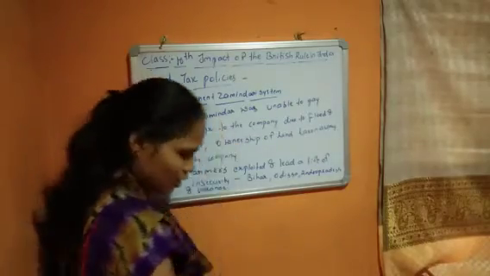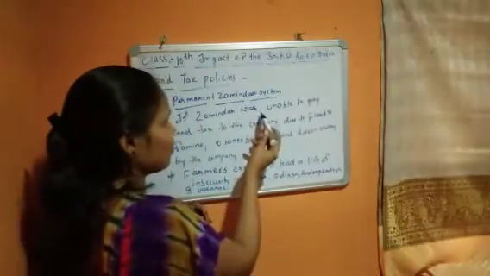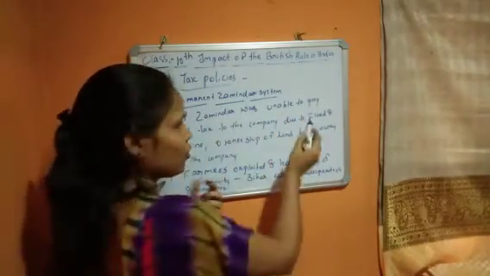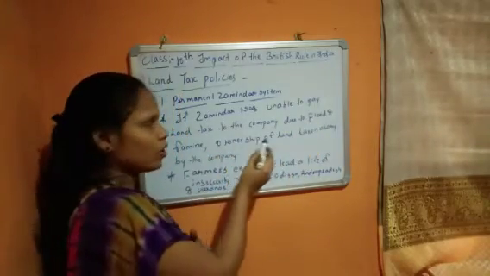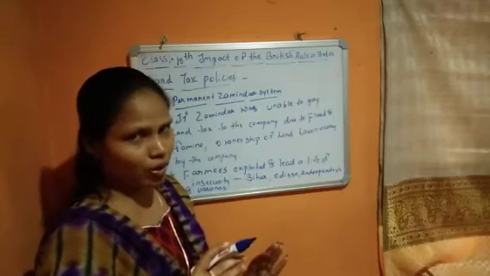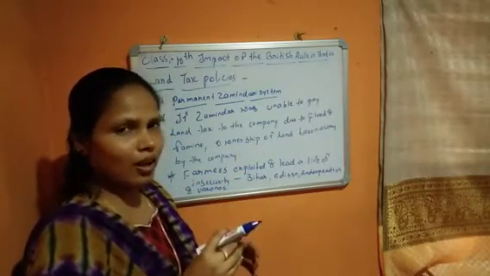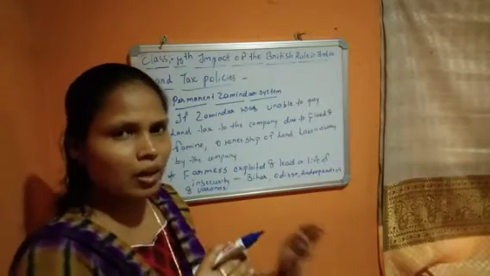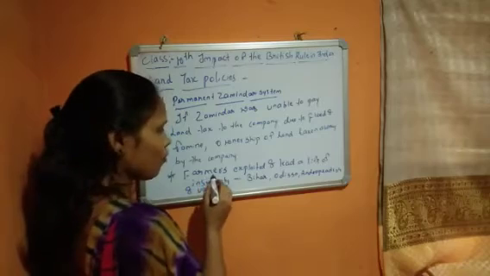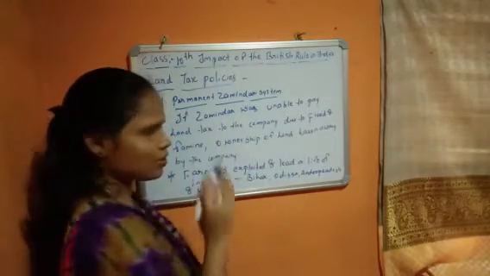Fourth point, if the zamindar was unable to pay tax to the company due to flood and famine, ownership of land was taken away by the company. Fifth point, both zamindar and East India Company benefited by this system. The last point, farmers were exploited and they led a life of insecurity.